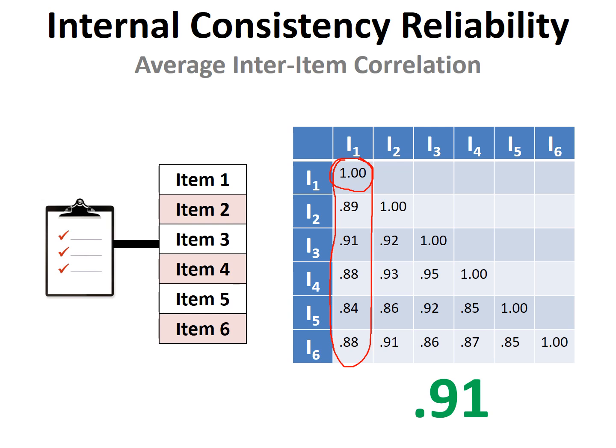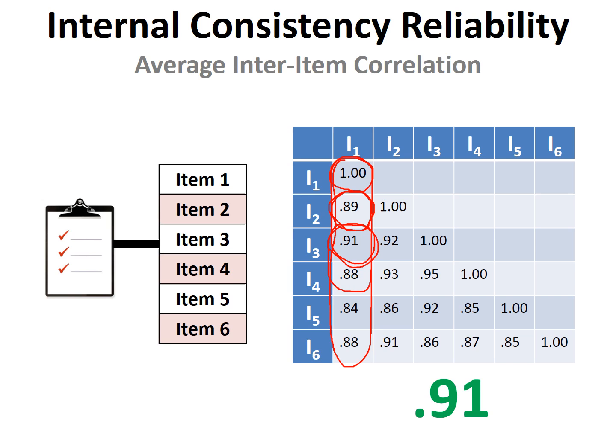But in this case, if you look at how well the learners respond to items 2, 3, 4, 5, and 6, based on how well they responded to item number 1, in this data, it correlates very highly with all of them. How well they performed on item 1 correlates very highly with how well they performed on item 2, or how poorly they performed on item 2.